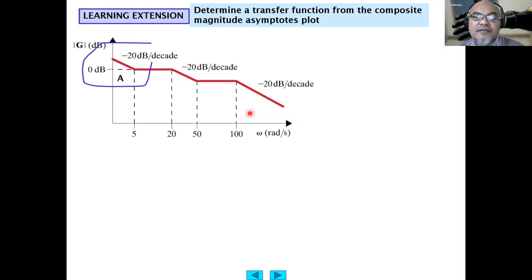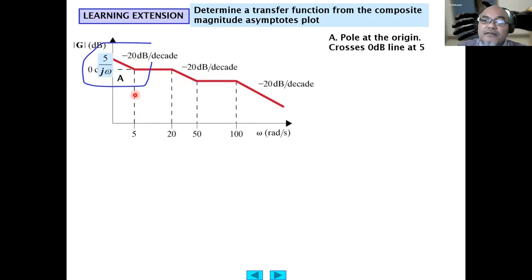Determine the transfer function. First, this becomes the A, the pole at the origin. The pole at the origin crosses the 0 decibel line at 5 radian per second. So it is 5 divided by j omega.